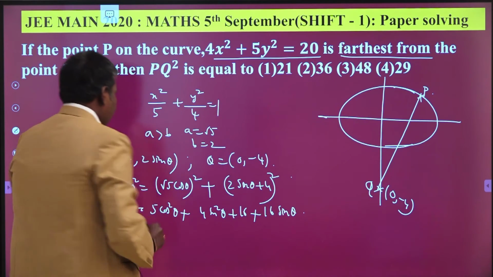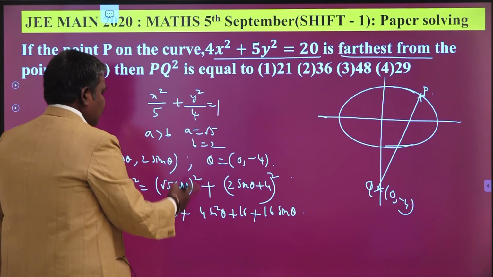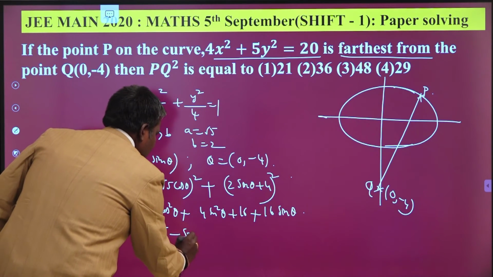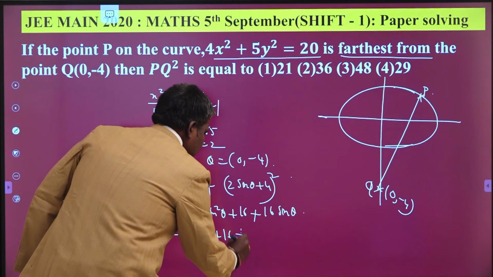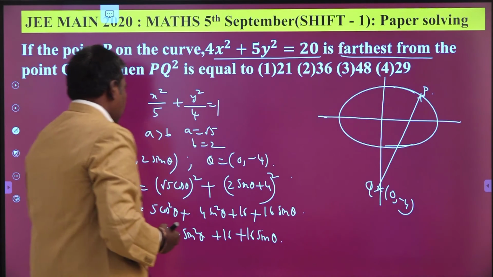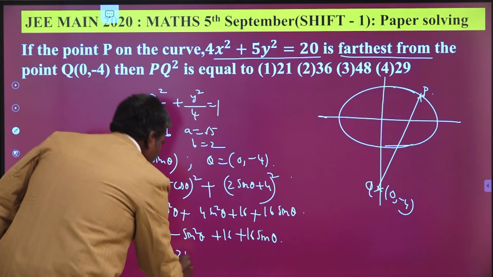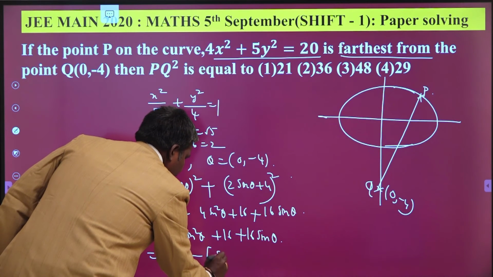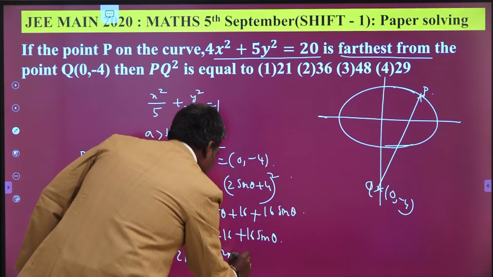That is 5 minus 5 sin square theta plus 4 sin square theta, we mean minus sin square theta, plus 16 plus 16 sin theta. Now this is 5 plus 16 is 21, minus sin square theta plus 16 sin theta.